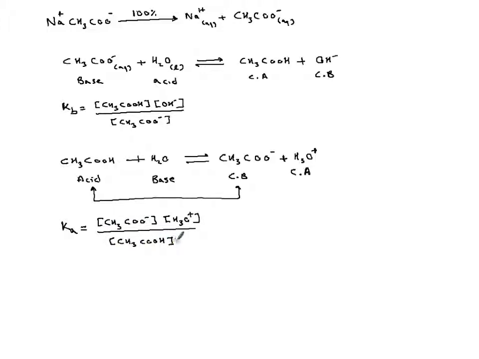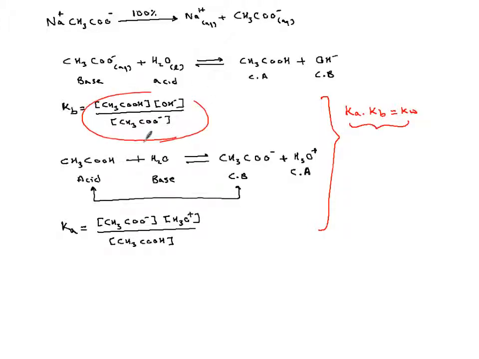We can prove the same point, that if you take Ka and multiply it by Kb, you will get Kw. Let's see if this is true. I'm going to take this and multiply it by this.